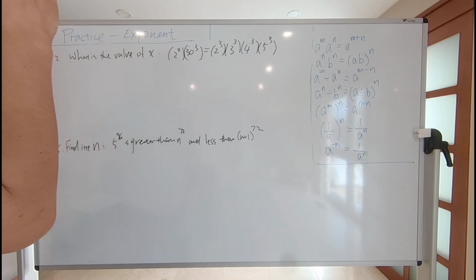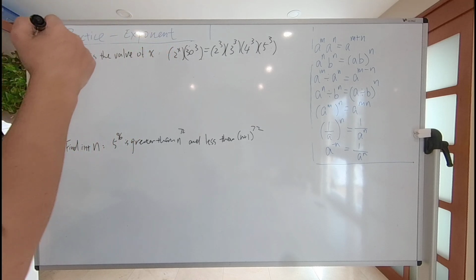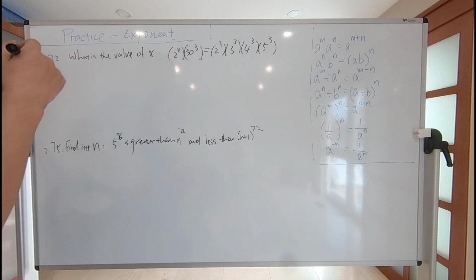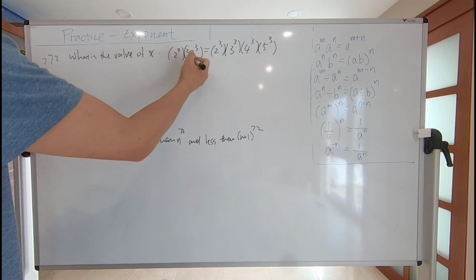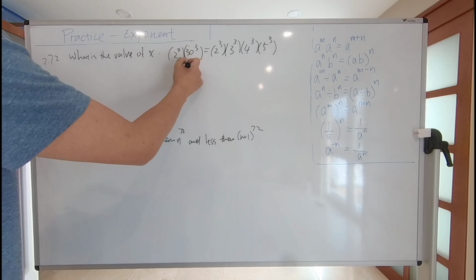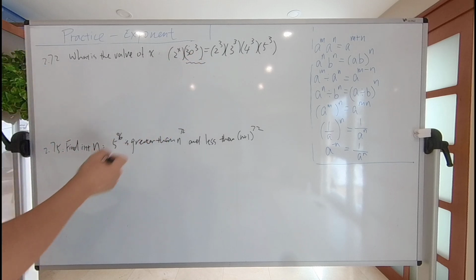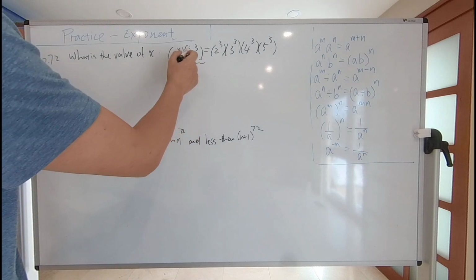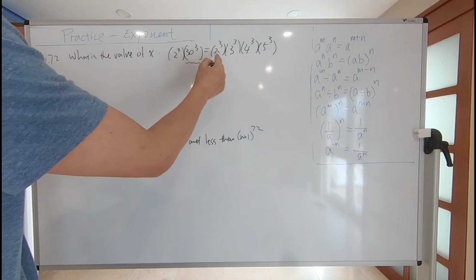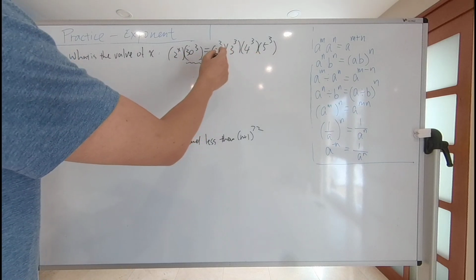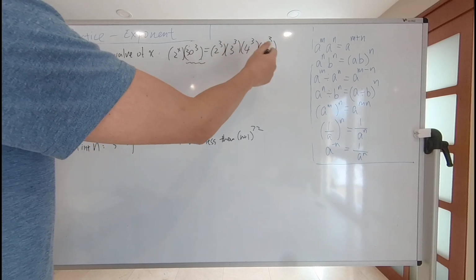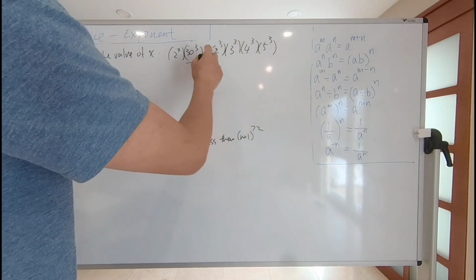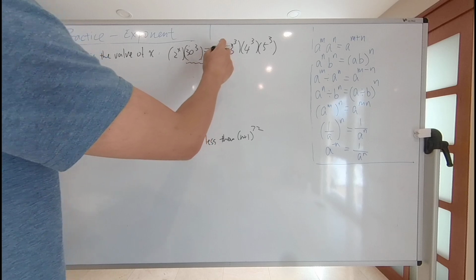We need to look for a pattern and try to cancel out some known terms first, and then try to simplify this expression. The first term that I can think about to cancel out is this term, 30 cubed, right? Because even though I have all different base numbers over here, they have the same power, which means later on I can write this as the multiplication of the base numbers with the same power.